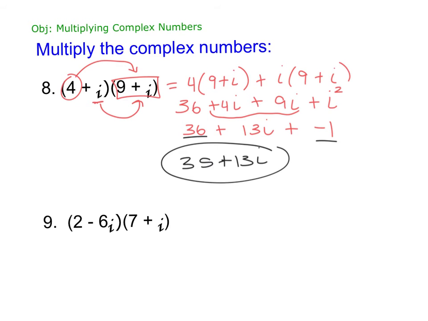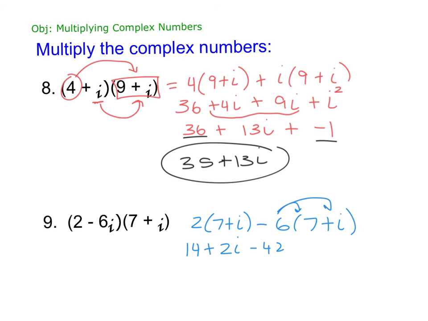All right, pause the video and try number 9 on your own. So I have 2 times 7 plus i minus 6 times 7 plus i. Distribute, and I get 14 plus 2i minus 42. Now, don't forget, when you distribute, that negative is going to go with the 6. Negative 6i. Oops, I forgot the i there.